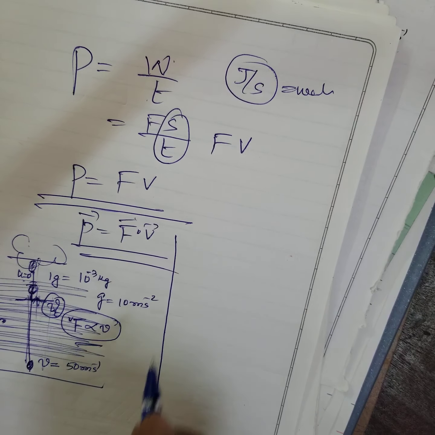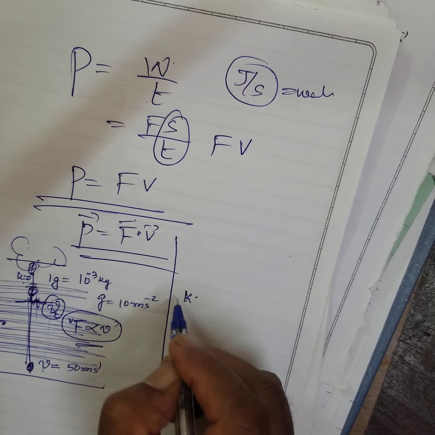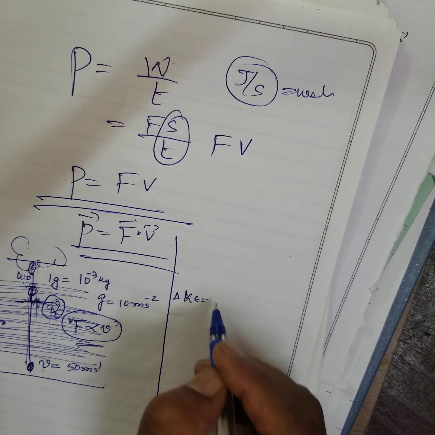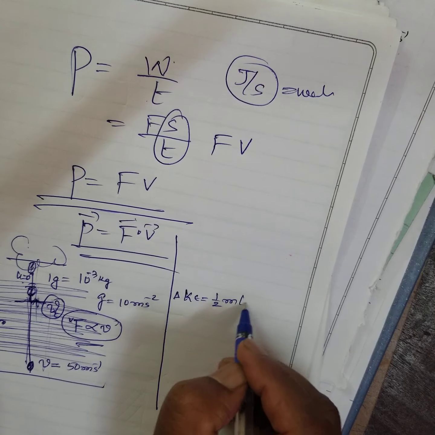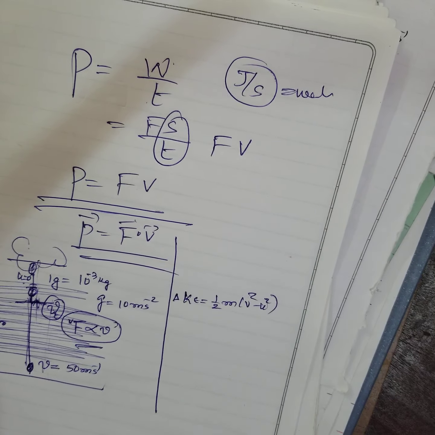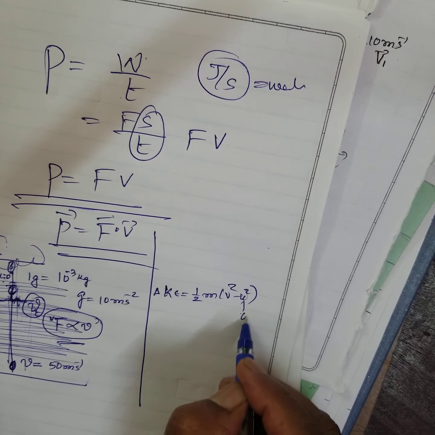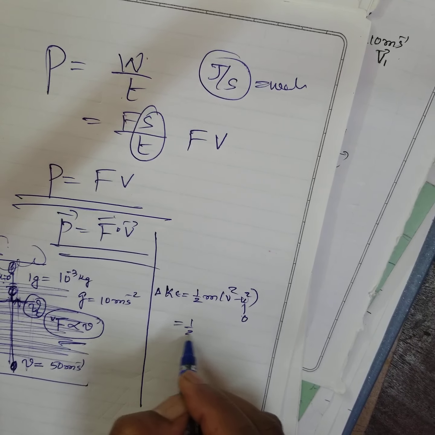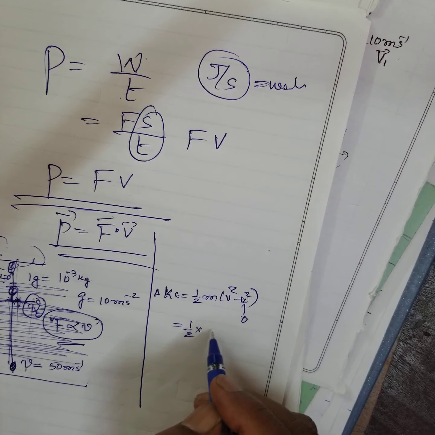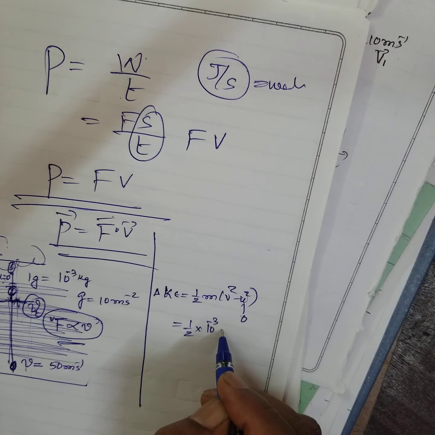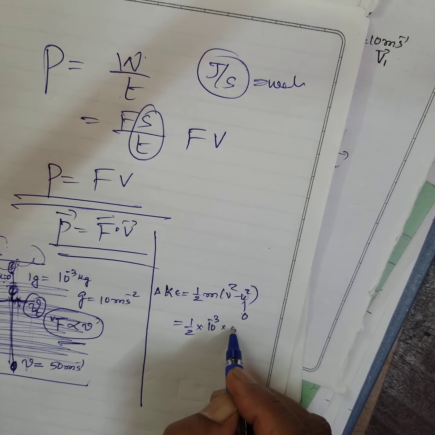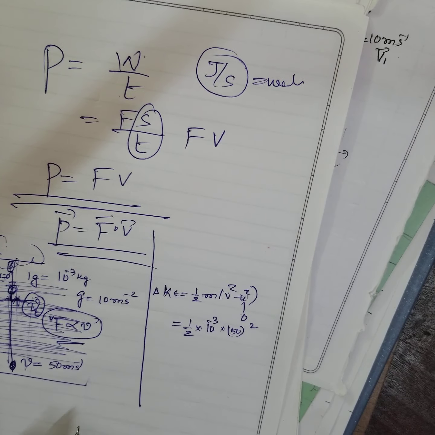Now, what is the change in kinetic energy? Change in kinetic energy is equal to half m (v square minus u square). Initial velocity is 0, therefore this becomes 0. Therefore, half m v square: mass is 10 to the power of minus 3 kg, velocity is 50, the whole square.